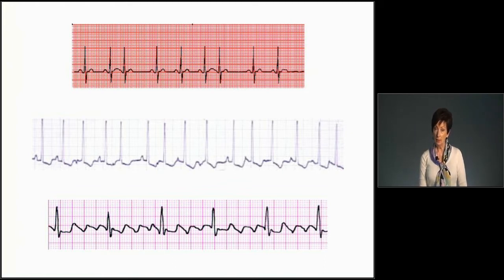You've got a tachycardia, and then you have P's that are different shapes. The third one is a regular rhythm with a sawtooth pattern between the QRSs. The ventricular rate is 75, and therefore this is a 4-to-1 atrial flutter.